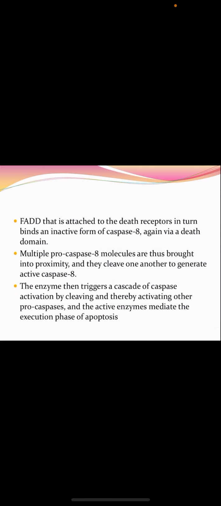Multiple pro-caspase molecules are thus brought into proximity. They cleave one another to generate an active caspase. The enzyme then triggers a cascade of caspase activation by cleaving and thereby activating other pro-caspases, and the active enzymes mediate the execution phase of apoptosis.